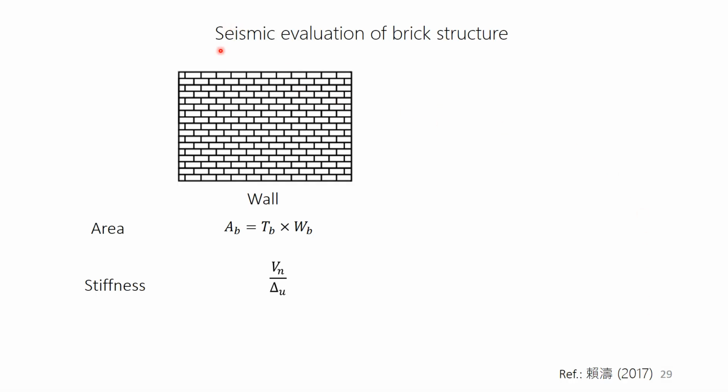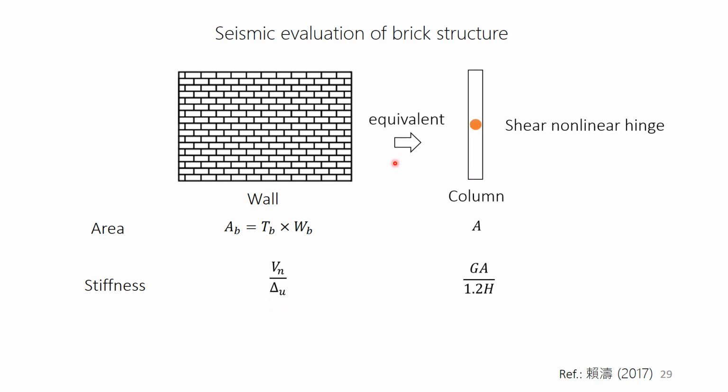So the first part is the seismic evaluation of the brick structure. How do we do the seismic evaluation of the brick structure? This is a brick wall, and its section area is AB, which is equal to its thickness WB times its length TB, and its stiffness is Vn divided by delta U. So we use an equivalent column to simulate a brick wall, and we assign a shear nonlinear hinge to this column to simulate the force displacement relation of the brick wall.